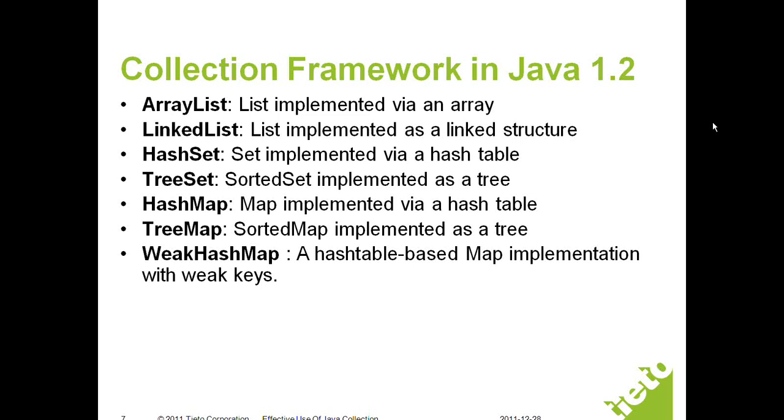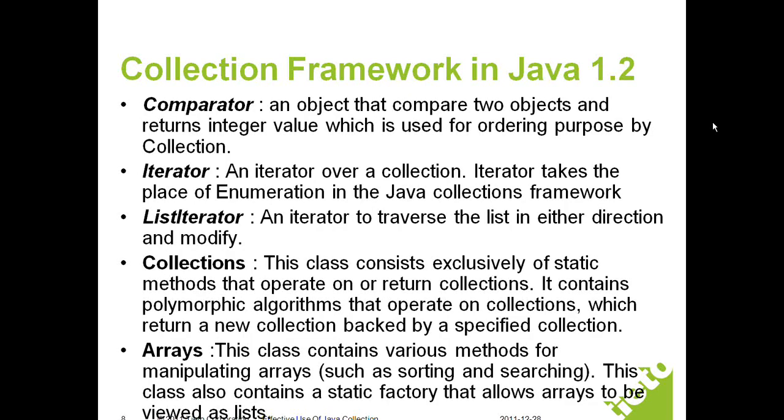They have given some more classes and interfaces as well. When we talk about putting objects in a Set, we said a Set contains only unique elements, or no duplicates allowed. So the Set needs to identify the duplicate elements, which means it needs to compare two elements.